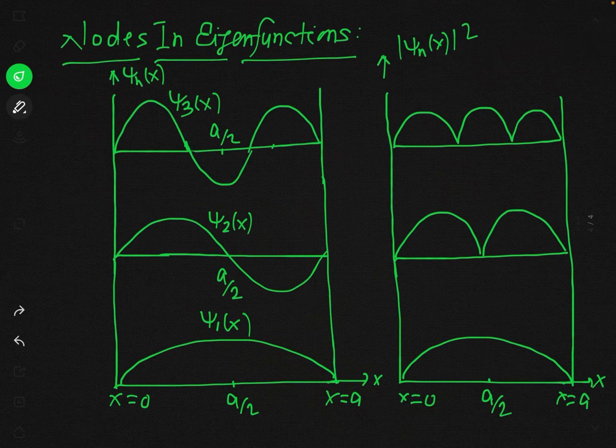Now we will discuss another important point, and this is regarding the nodes in eigenfunction. For this, let us see this figure. In these two figures, I have plotted the eigenfunction psi n of x against x, and in another figure, I have plotted the probability density, that is mod of psi n of x squared, against x.